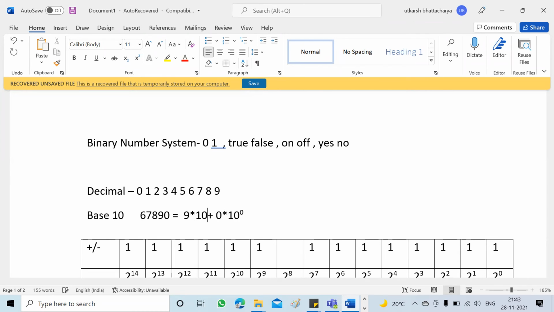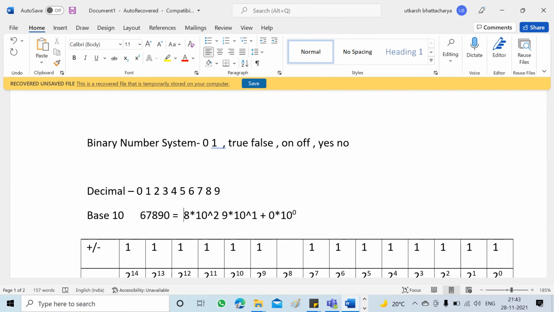This symbol means power of something, you understand this symbol, right? Next we have 8 into 10 to the power 1, then 7 into 10 to the power 2, then 6 into 10 to the power 3.